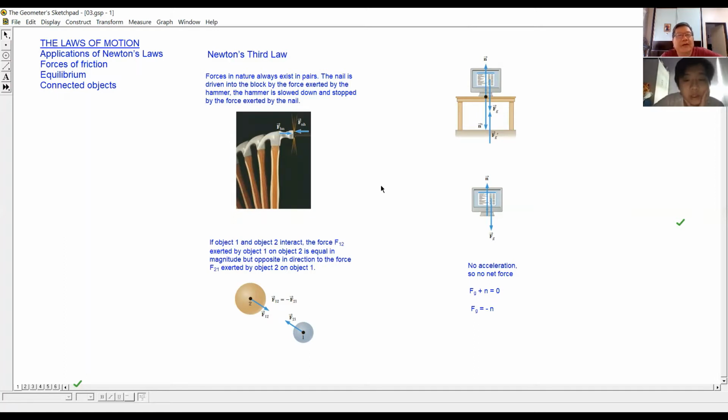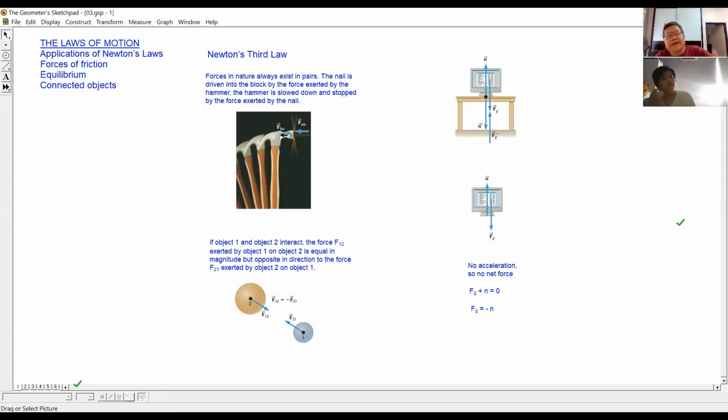Okay, so we look at the hammer. Let's say the hammer exerts a force of, I cannot see the letter there. Can you see the letter H? Is it HN? Okay, hammer and nail, FHN.